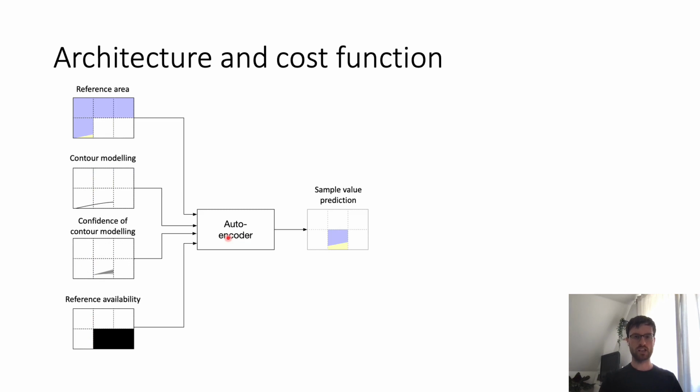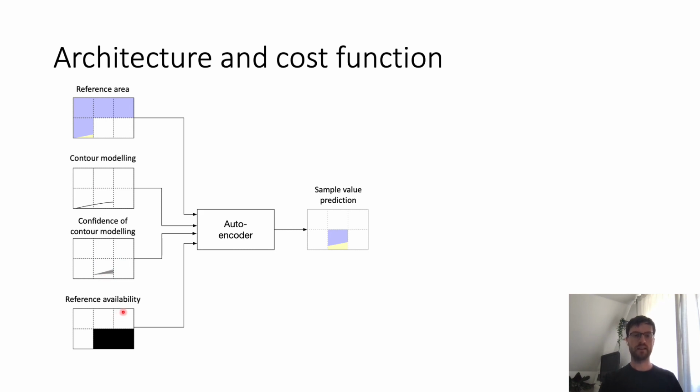As network architecture, we use an autoencoder. For the details of the architecture, I need to refer to the manuscript given the amount of time for the presentation. The network has 4 different inputs, as shown on the left side. We have the samples of the reference area. We have the result of the contour modeling described in the previous contribution of this paper. We also have the confidence of the contour modeling.